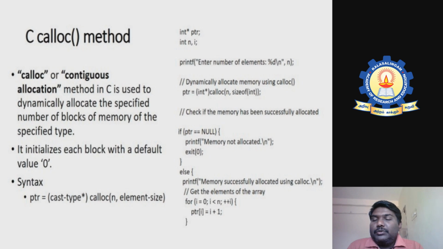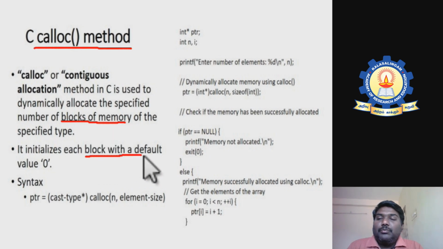Now, coming to calloc, it is also similar to the malloc function, and the difference here is that it will create the blocks of memory specified by the user. And second, each block will be assigned the value 0. So that's the difference here. Previously we had the same syntax, ptr equals (type) and the function here is calloc. Here is the difference.